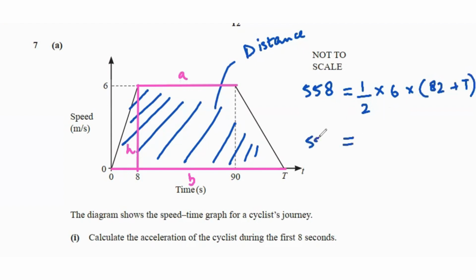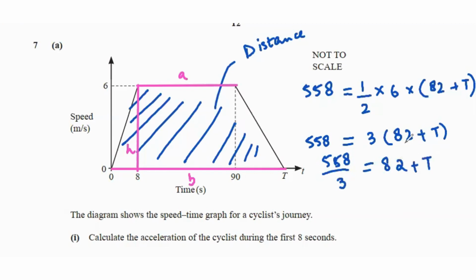That's going to be 558 equals 3 times (82 plus t). 558 divided by 3 is 186. Then you subtract 82 from 186. That's going to give us 104 seconds.